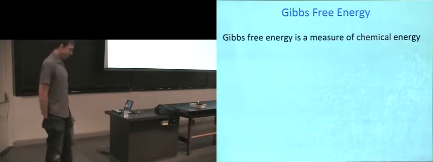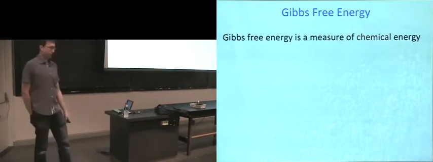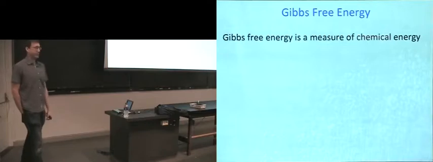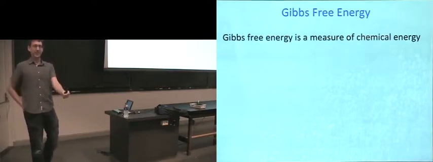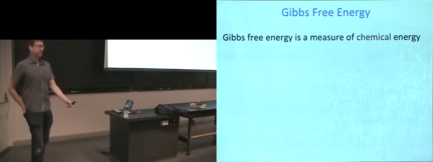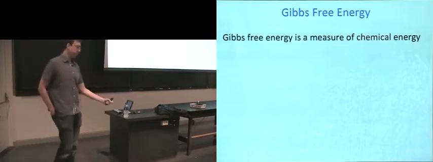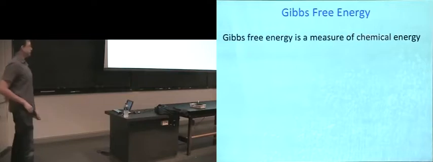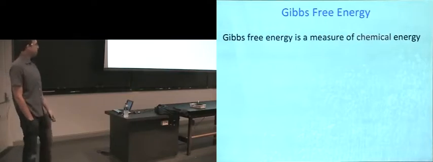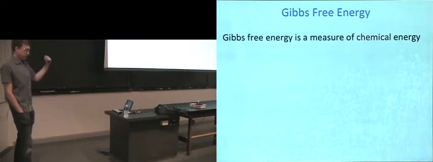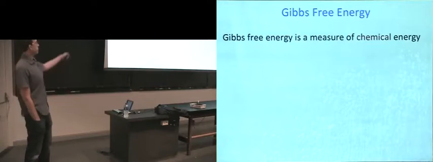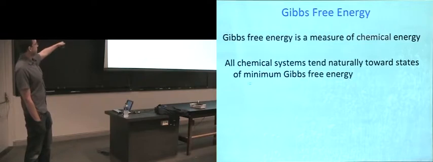Unfortunately, we can't go up and get a flag from the mineral telling us what its energy is and what energy it would like to have in its most stable state. Nature isn't that simple, so we need a way of accounting for this. And for this, people have come up with the Gibbs free energy. This is a way of accounting for the chemical energy of a substance. And this is really what the system is trying to minimize.